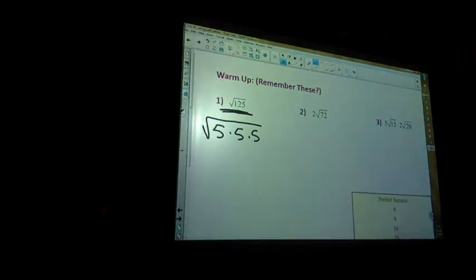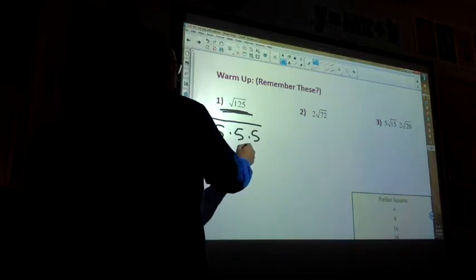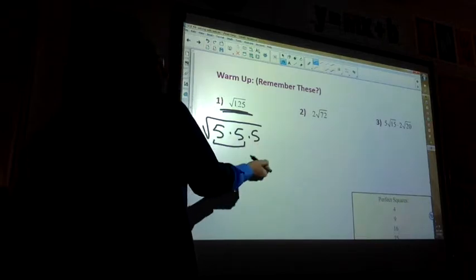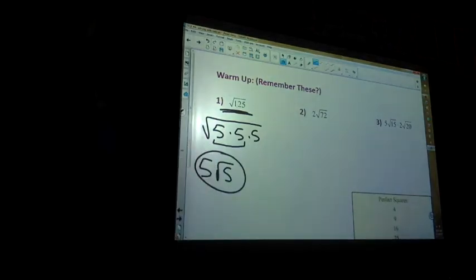Would you agree with that? And if I'm looking for a square root, how many of a kind am I looking for? 2 at a time. So if I take the square root of those two, what comes outside? 5, and then what's left inside? So square root of 125 will break down to 5 square root 5.